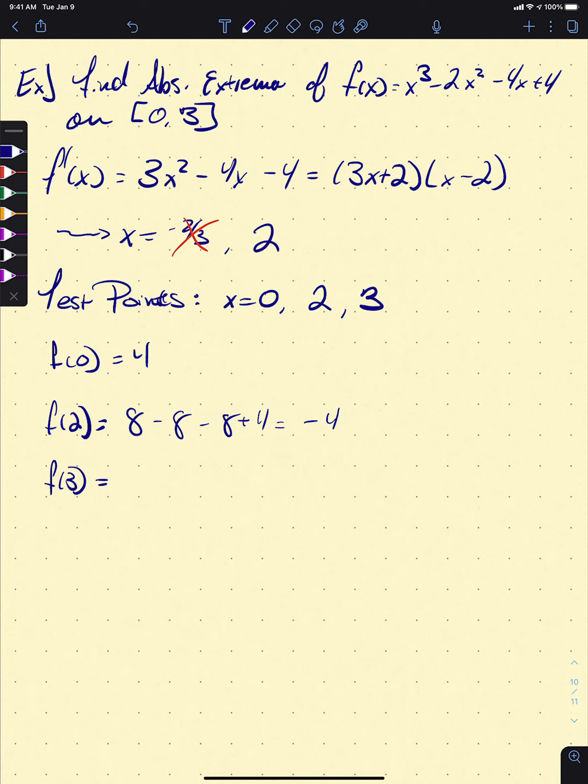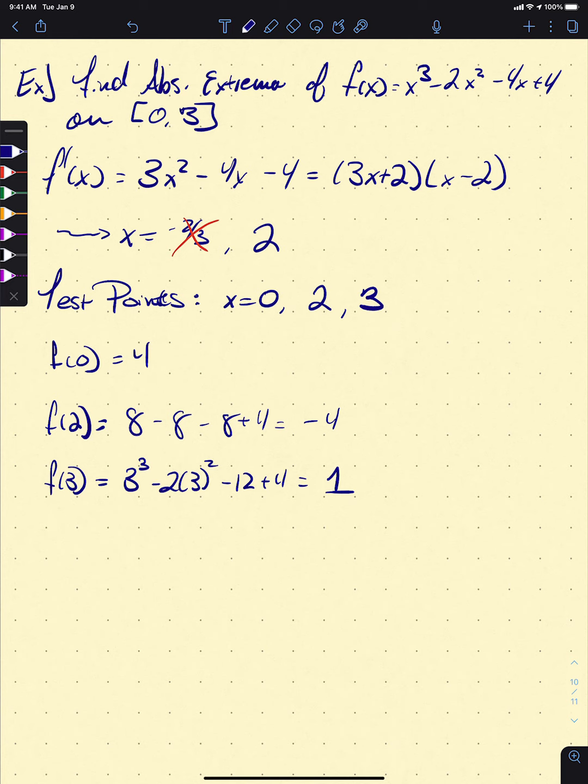And then f of 3: 3 cubed, minus 2 times 3 squared, minus 12 plus 4. So it looks like we're going to have 27 minus 18 minus 12, so minus 30, plus 4 for 1, okay?